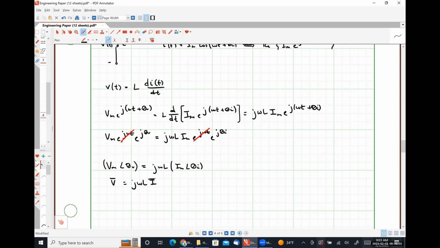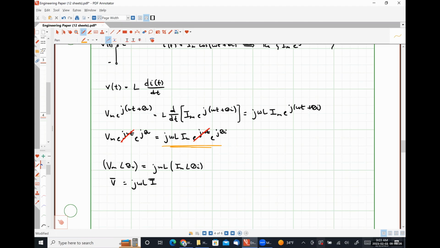Now we're going to go back up a step here and play around with things as well. On the right-hand side, let me explain exactly what I'm looking at here. So I'm looking at this piece right here. So I have j times omega L Im e to the j theta I. Okay.